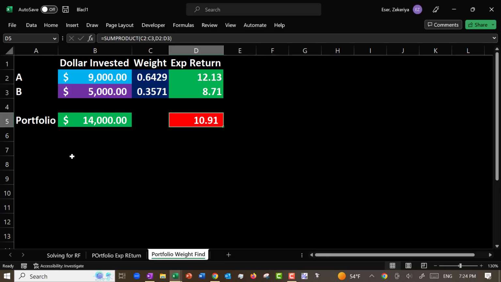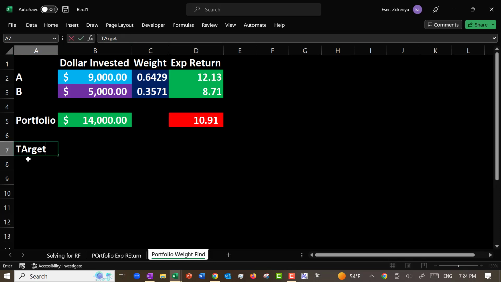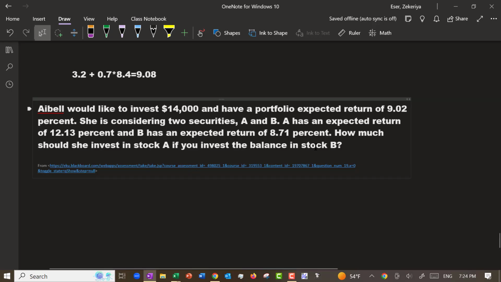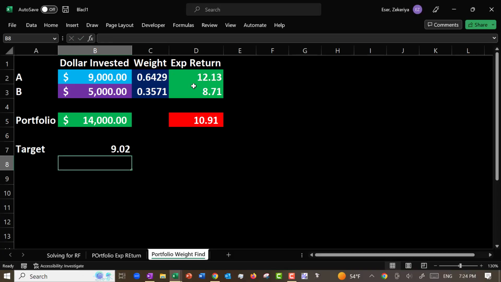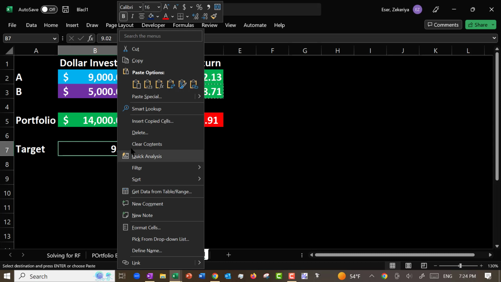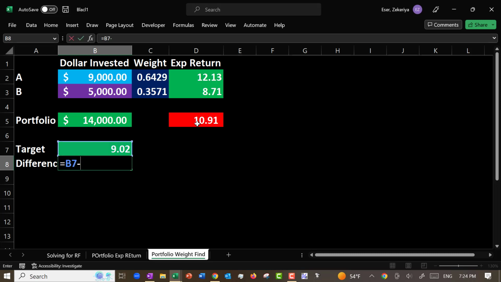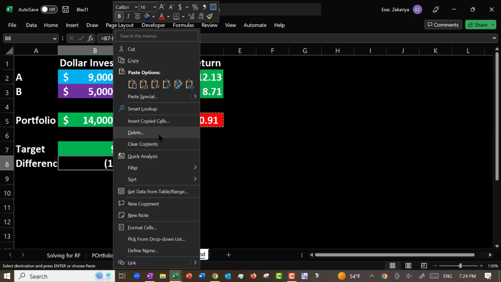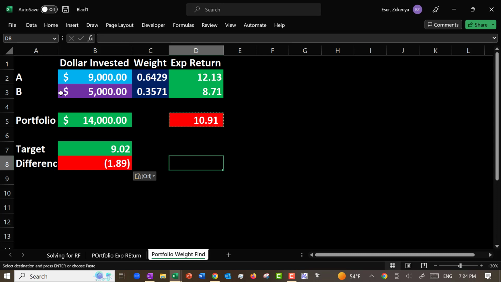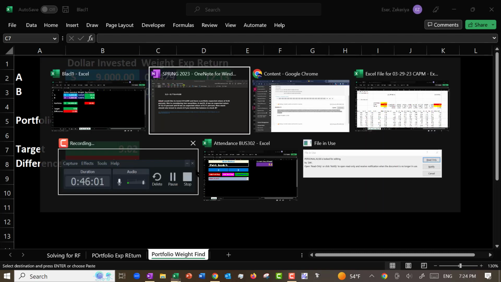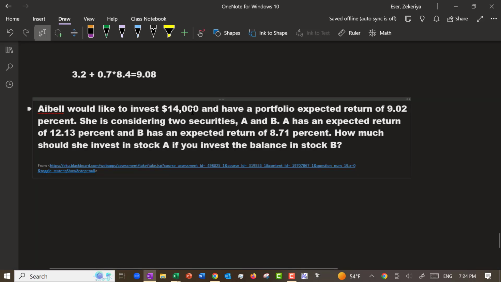And I want portfolio return to be 9.02. Target minus actual portfolio return. So my problem is to figure out how much of the 14,000 I should invest in A, right?